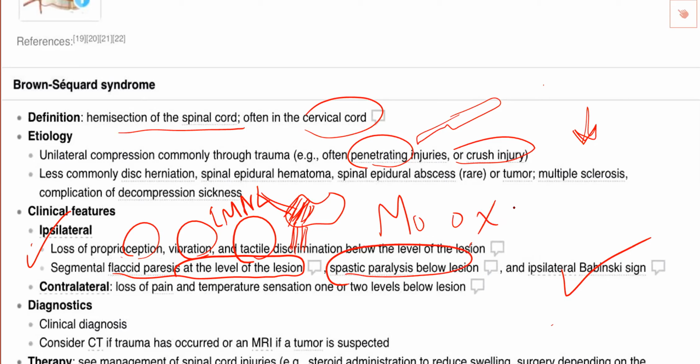You will find spastic paralysis with hyperreflexia. Don't forget contralateral pain and temperature. So Brown-Sequard syndrome is very easy this way.